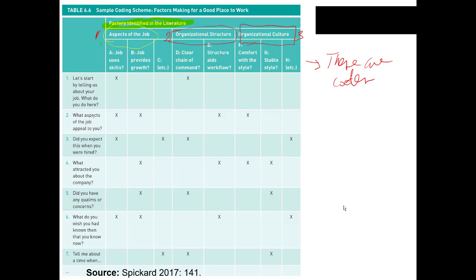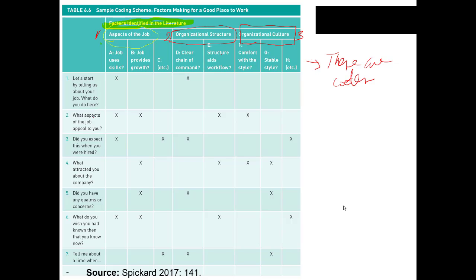So anyway, these two questions work with each other to provide data that helps you get at whether this is a good place to work. They do that by helping you get answers to whether or not a job uses skills or provides, in this case, opportunities for growth.